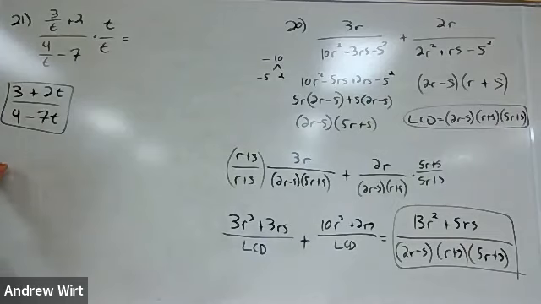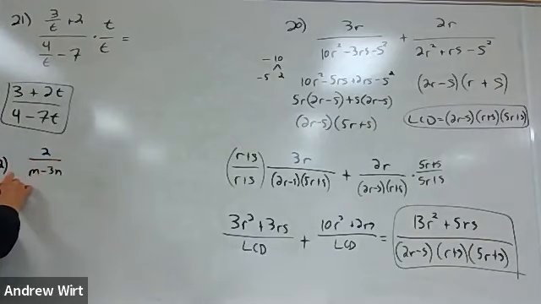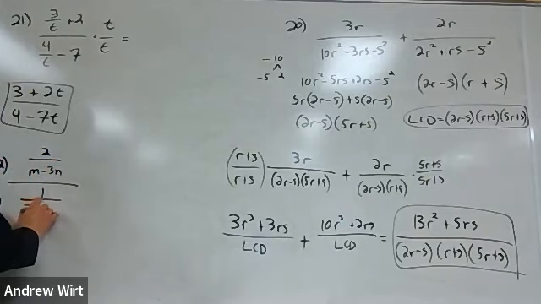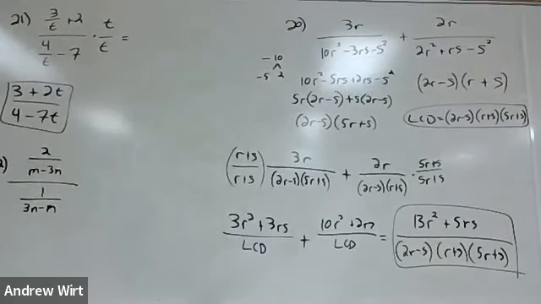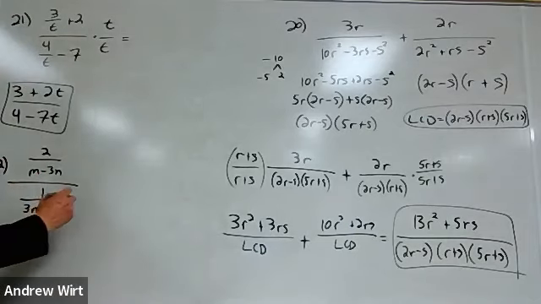Next up, 22. Now this one, we're starting with a simplified fraction on top and on the bottom, so we can go right to converting to multiplication.